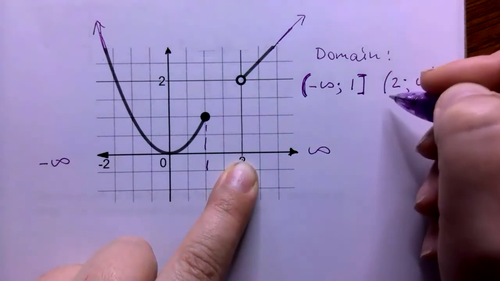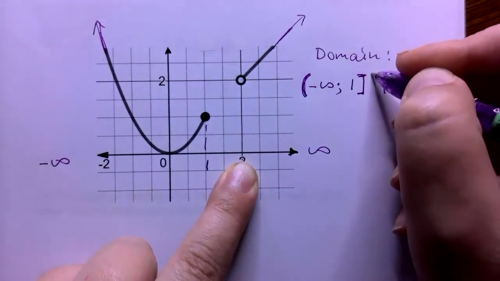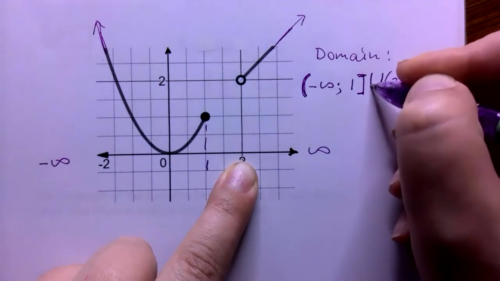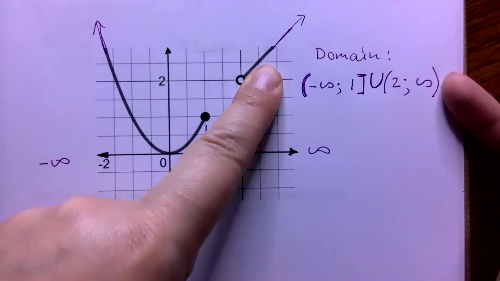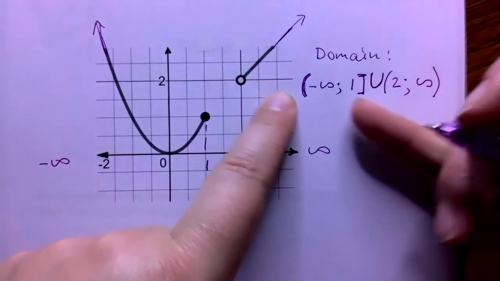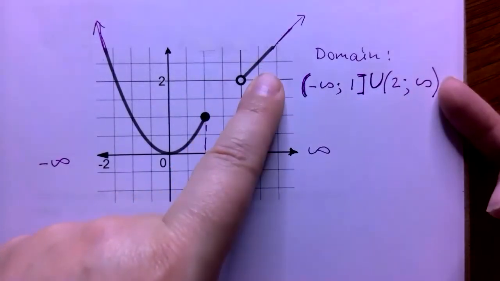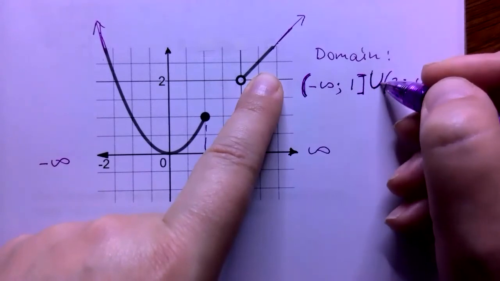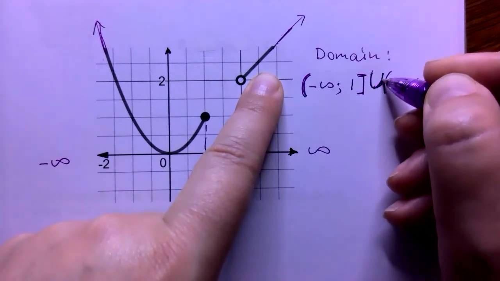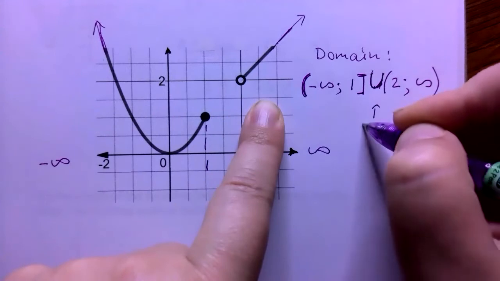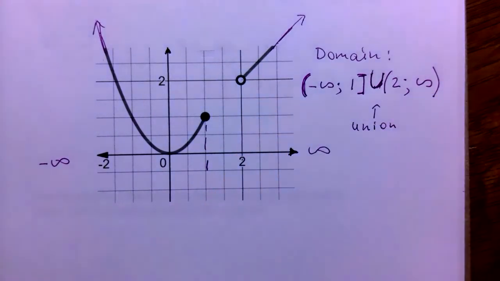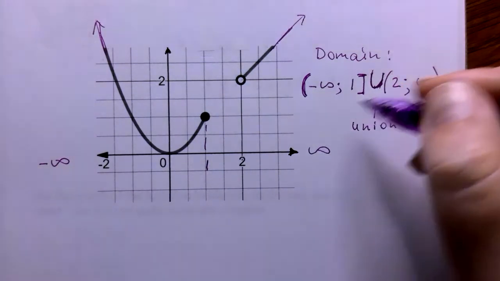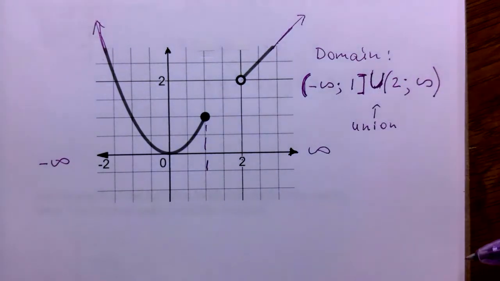And then you put the sign that basically tells you this is one domain of this function. It consists of two separate pieces, but it's one domain. This looks kind of like a U symbol, and actually this is a union sign. That glues those two pieces together.